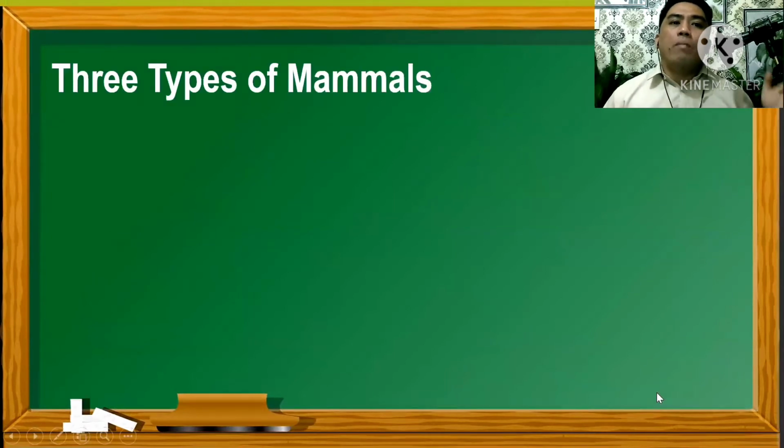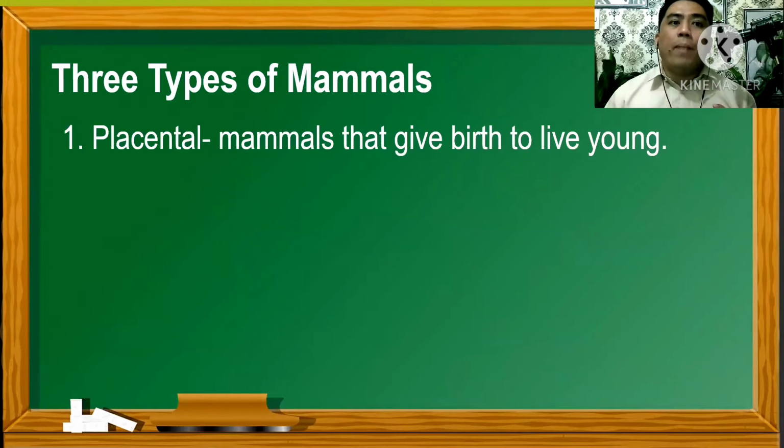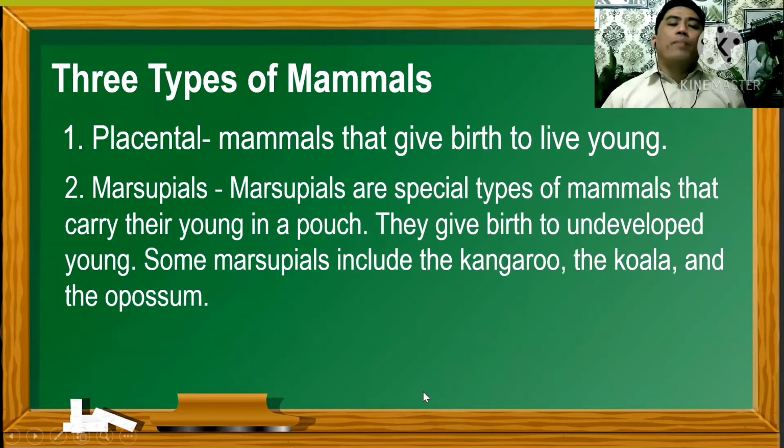So remember that mammals are classified into three types. The placental mammals, which are mammals that give birth to live young, like human being, dogs, cats, goat, carabao, cow. So are examples of placental mammals. Marsupial mammals are special types of mammals that carry their young in their pouch.